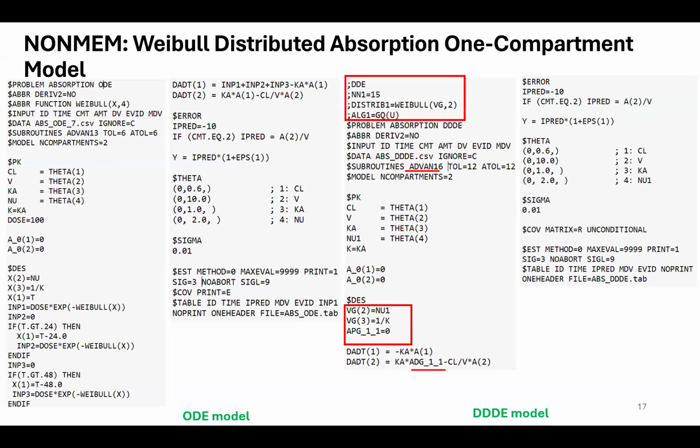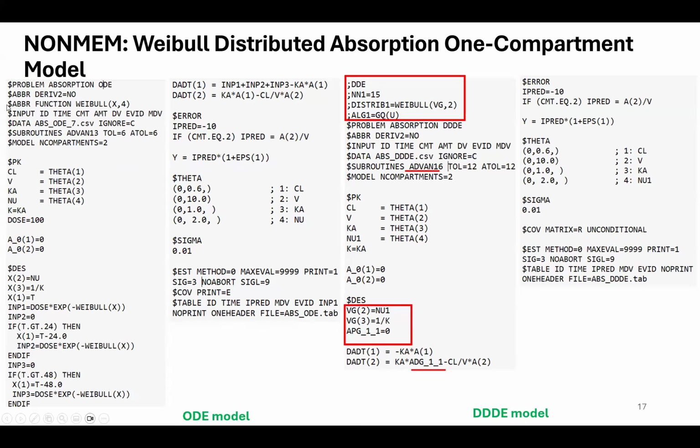So these are the NONMEM control streams that I came up with to basically code our models. So on the left is the ODE model. On the right is the DDE model. And then there is nothing unusual about the ODE model, regular structure.